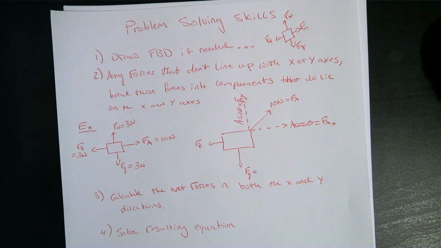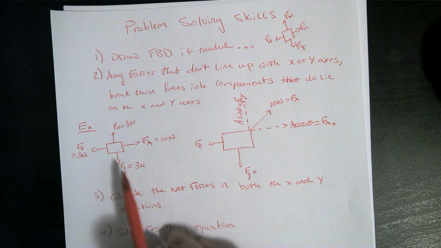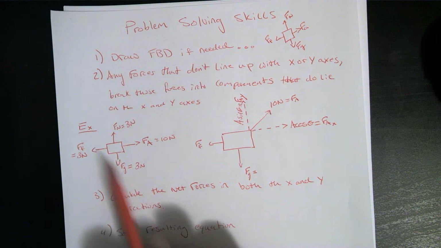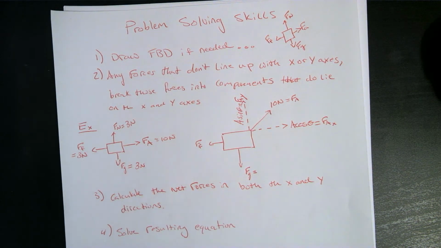Then we get to the point where any forces that don't line up in the x and y direction, or the axes, we break into components. Here, all these forces are in either the x or the y direction.